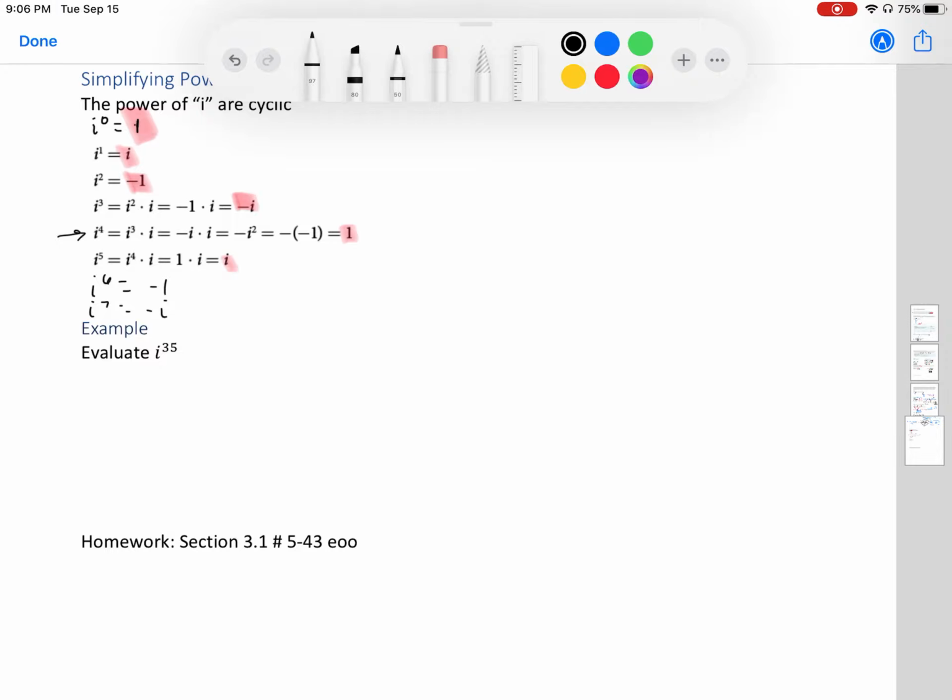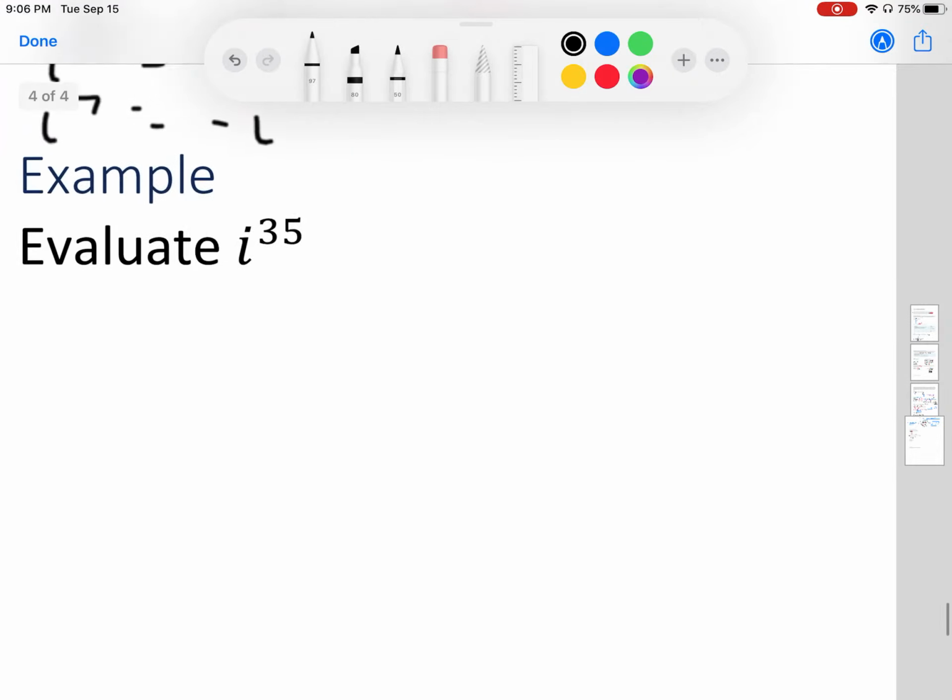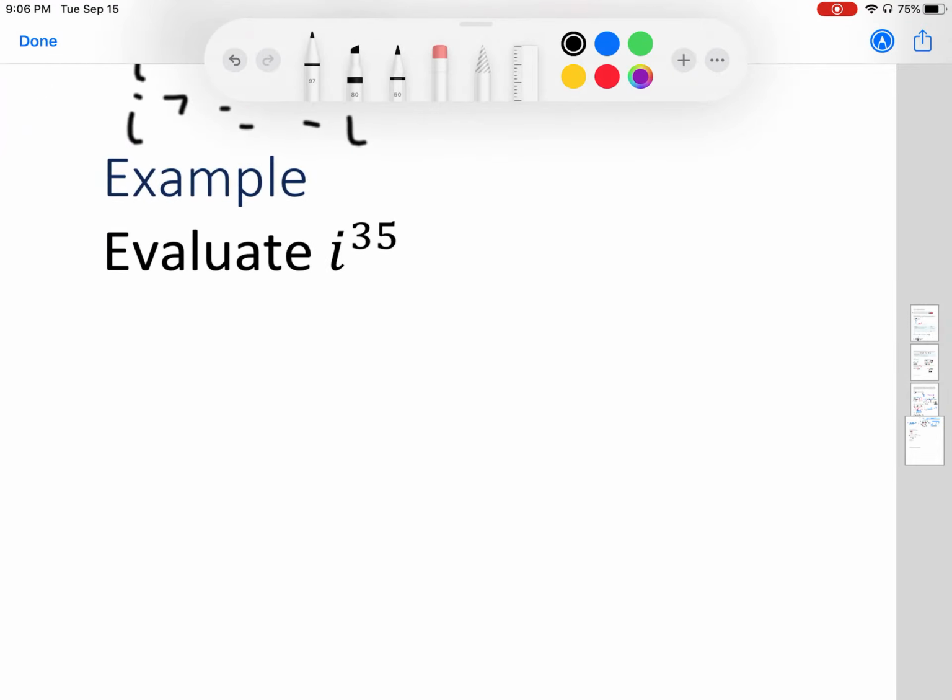Okay, so we have a 35. So 4 times what is the closest number to 35? Well, we know 4 times 9 is 36. That goes over. So one less, we would have 4 times 8 is 32. You would have to add 3 more to get to that 35.